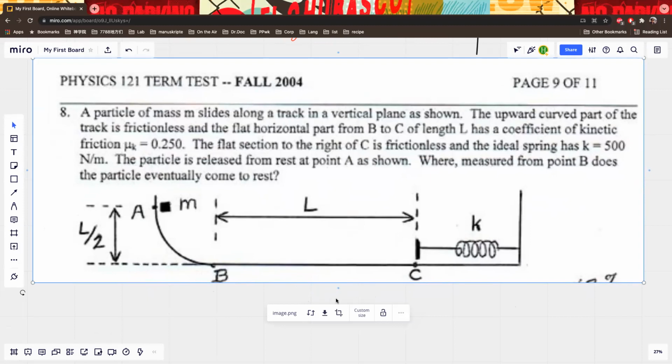Then everything to the right of C is frictionless, and we have a spring with an ideal spring constant of 500 newtons per meter. The particle is released from point A at rest, and then, measured from B, where does it land?